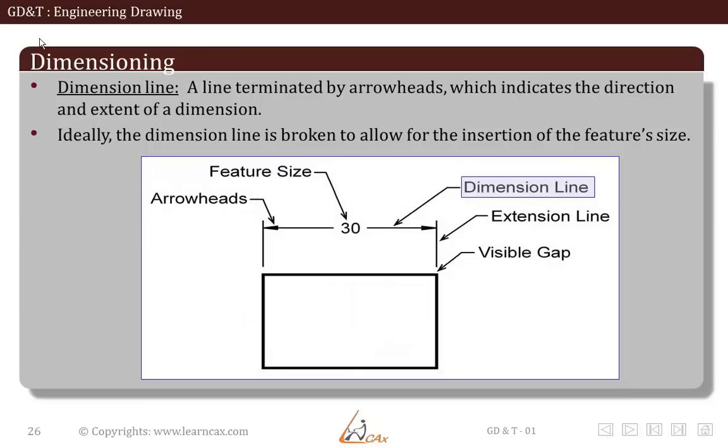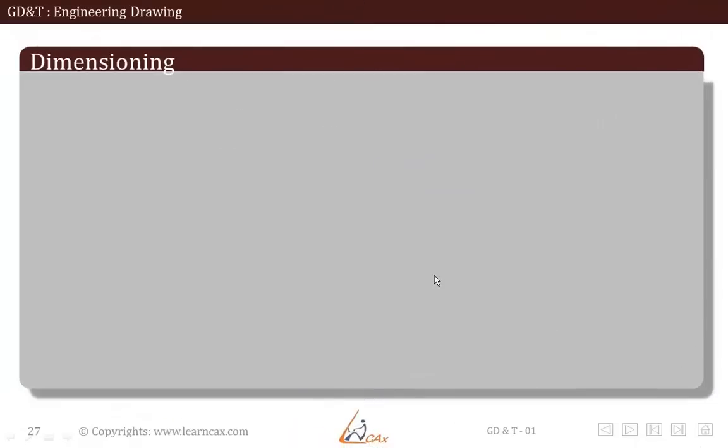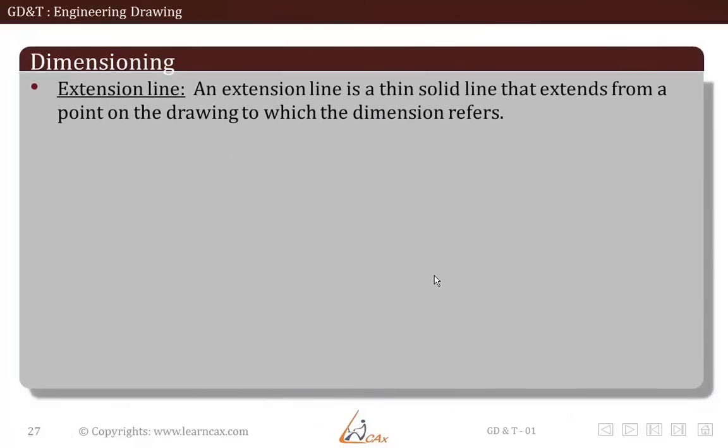Here in this example, 30 is the feature size, and that is accommodated in between the dimension line, which ends with an arrowhead. Now we'll discuss other types of lines in the later part. An extension line is a thin solid line that extends from a point on the drawing to which the dimension refers.